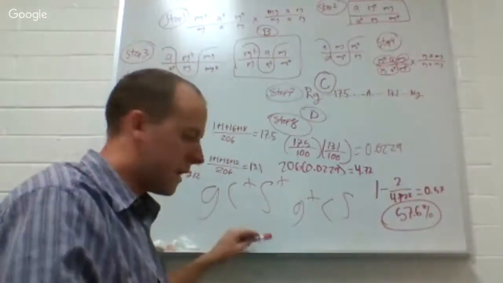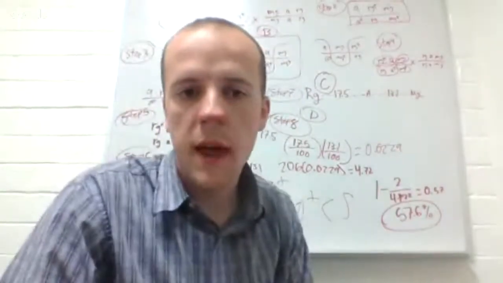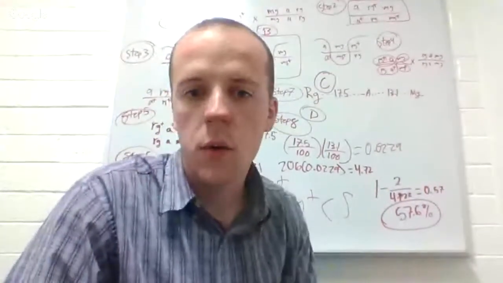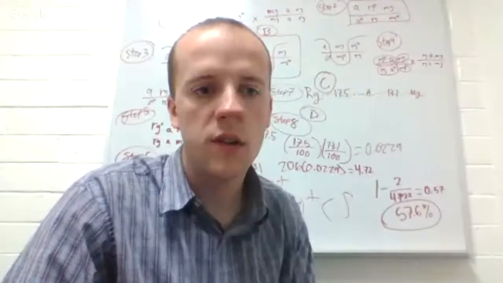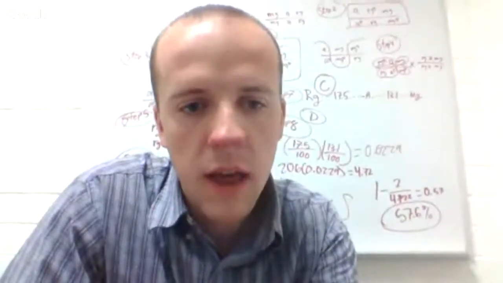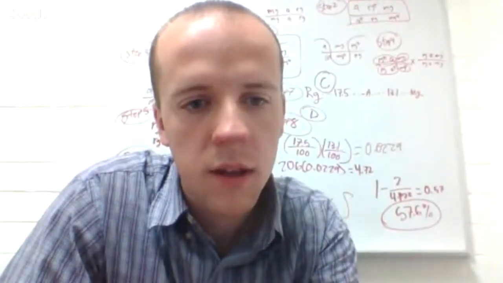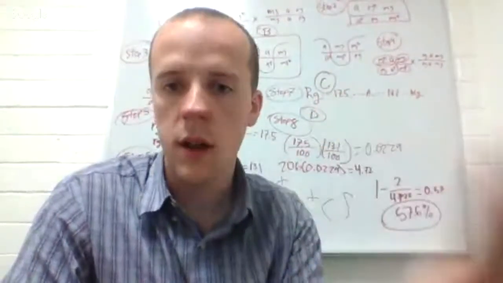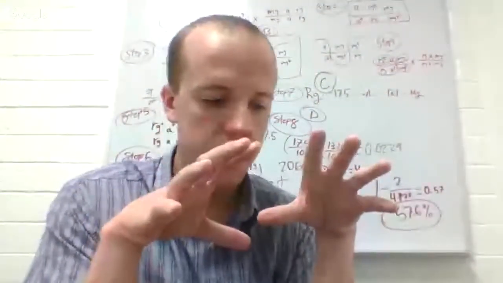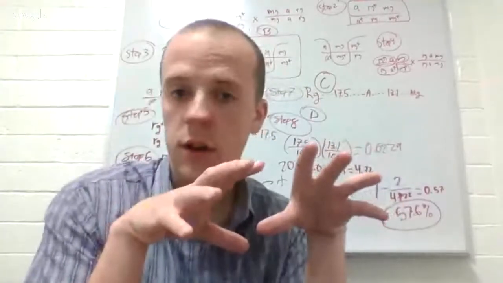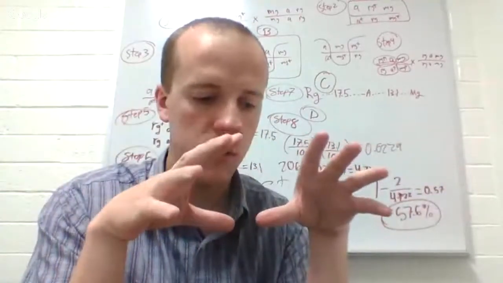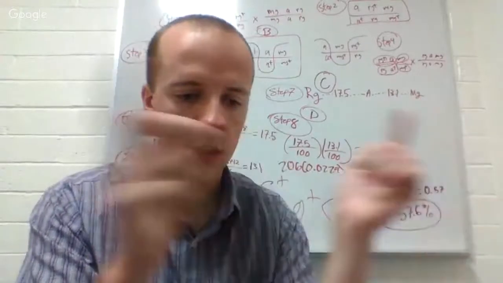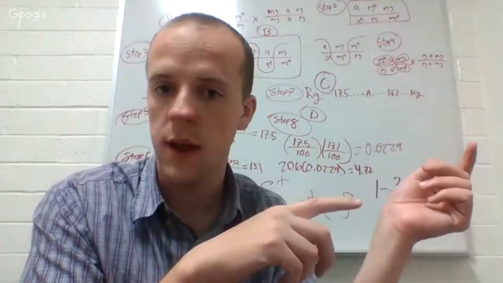So when we do step A, we do it the same way as normal. We look at the ones that are most common, which are going to be G plus, C plus, and S, and G, C plus, and S, and those are our parental offspring. They're the ones where, when meiosis occurred, there was no recombination. The alleles did not move from one chromosome to the other.